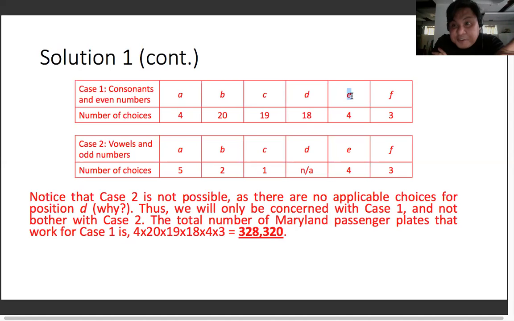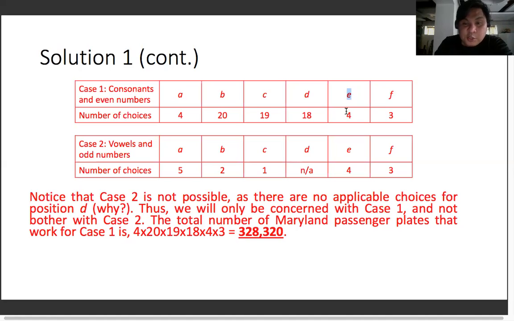However, take note that in position E you can now also choose 0, because 0 is not available for position A, but for positions E and F it is available.